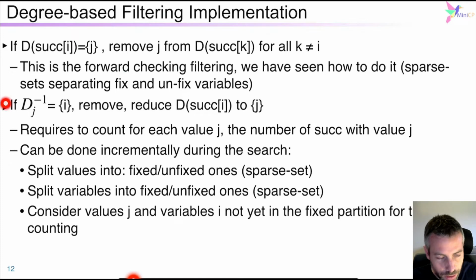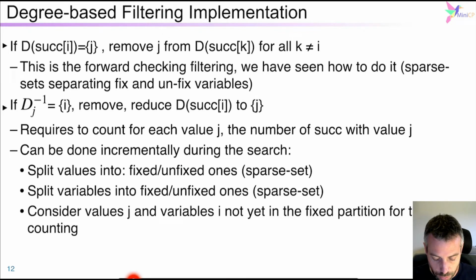For the second rule, you can do something that is quite similar. You need to count for each value j the number of successors that have j as part of their domains. That would require at least n squared to do, but you can do it a little bit more efficiently, again using this same trick of splitting the set of the cities in two, the fixed and the unfixed ones.